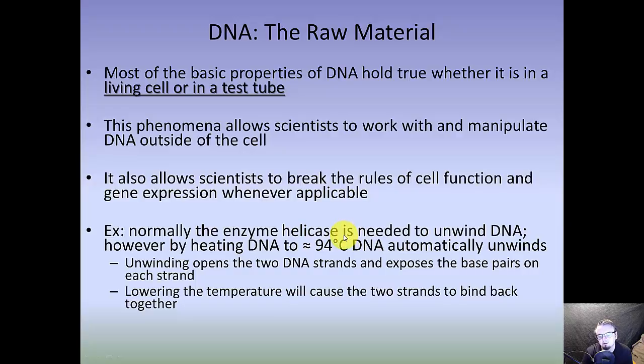Outside of it, though, what you can actually do is bypass that with something as simple as heating the DNA. So if you take the DNA out of the cell and you no longer have the helicase to split the DNA, one way to get around it is just to simply heat the DNA up to 94 degrees Celsius. And it's actually easier because all you have to do is apply a certain amount of heat. And outside of the cell, at that temperature, the DNA will just automatically split apart.